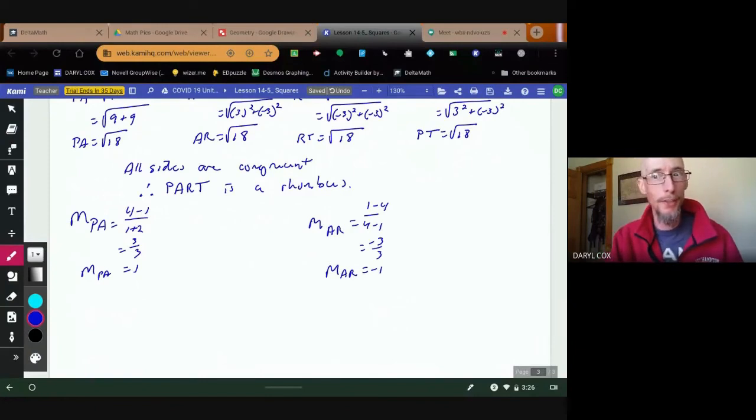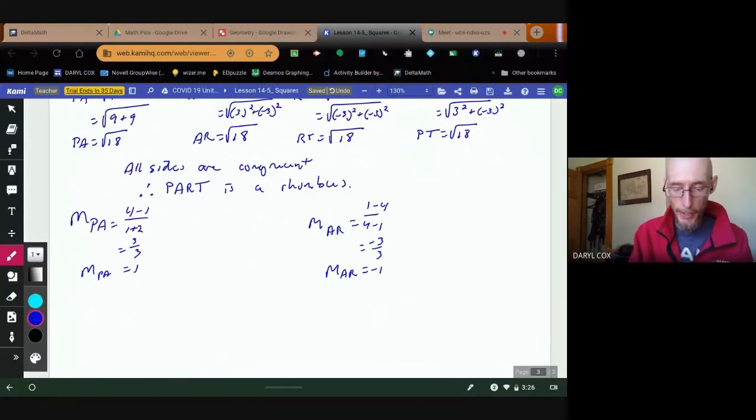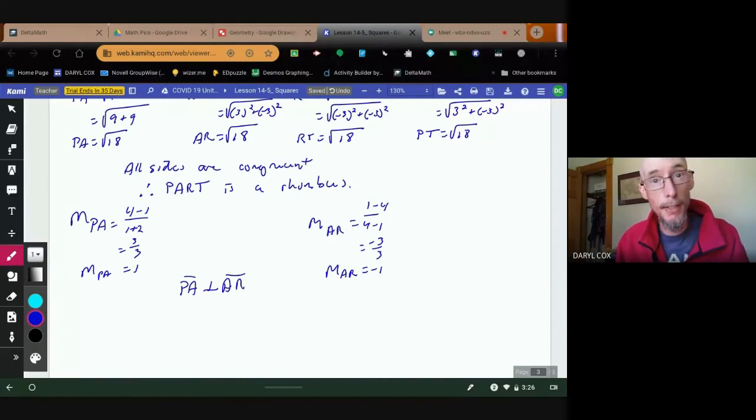So if you're really taking your notes, you didn't have to do any calculations there. My slopes here, I can see that PA is perpendicular to AR. I know this because I see that their slopes are opposite reciprocals. Therefore, again, let me call this thing what I already proved it is.